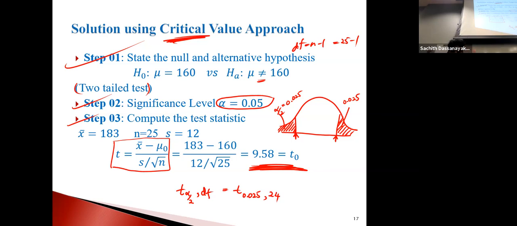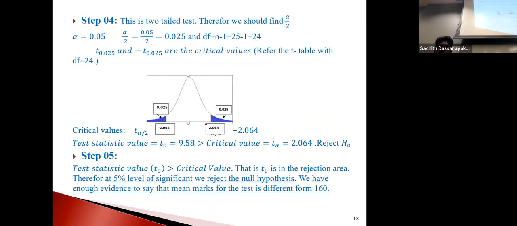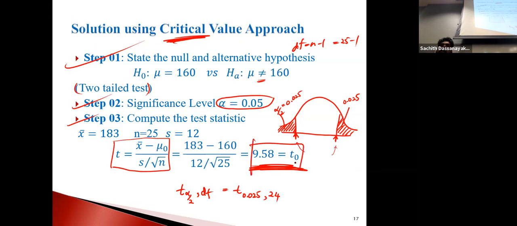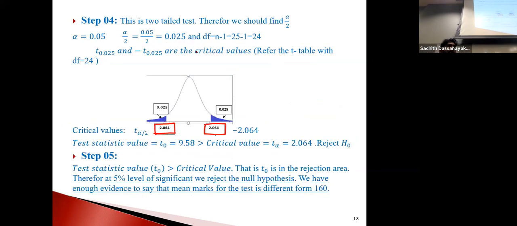Once you find this value, you get the positive value. Since this is a t table, the positive value is assigned to this side and the negative value to the other side. The values are the same, positive and negative. Now compare this t naught with your t alpha over 2 values.